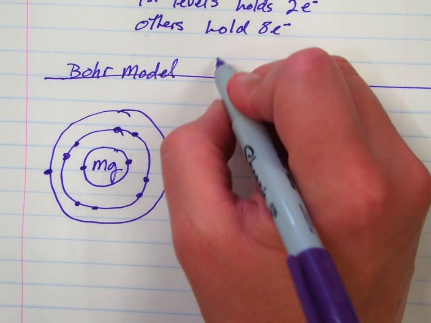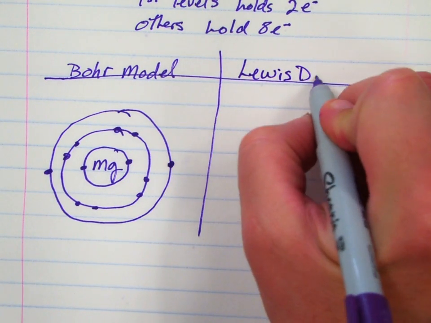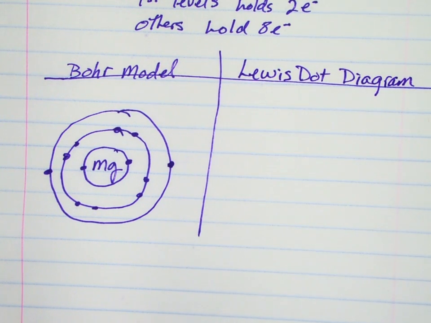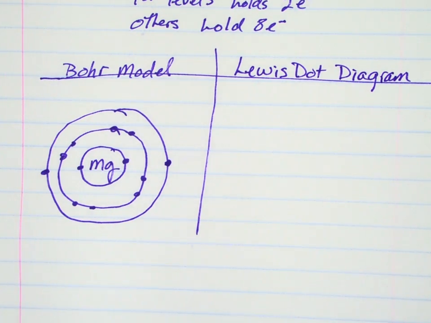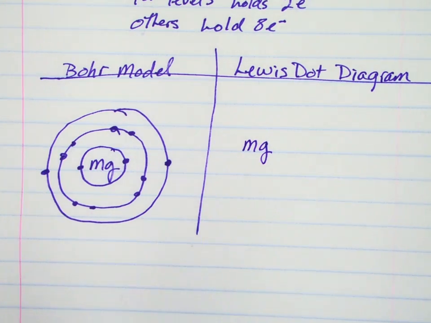The Lewis dot diagrams cut to the chase. Lewis dot diagrams say, it's wonderful knowing all of the inner energy levels, but they're boring. It's either 2 or it's 8. So Lewis dot diagrams say, let's just show the electrons that have the meaning as far as behavior. So magnesium has 2 valence electrons.